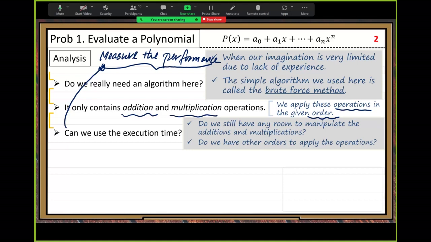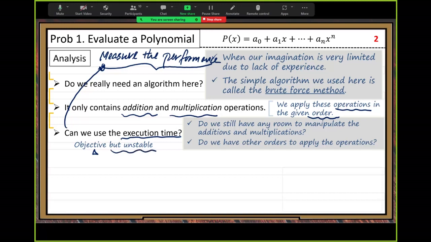So here, actually, for this question, there is a problem. If we use the execution time directly, although we get an objective measure, not subjective, because we have a specific number for the time, it is unstable.